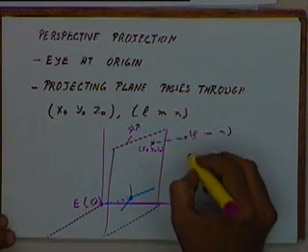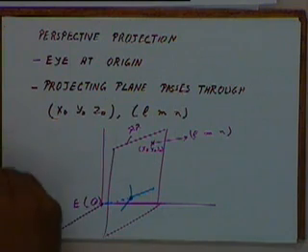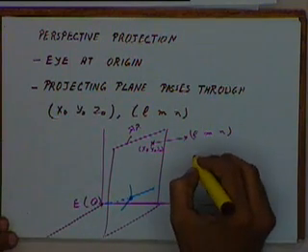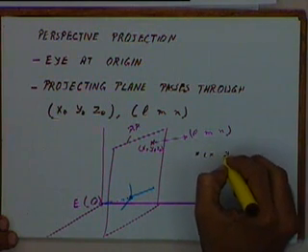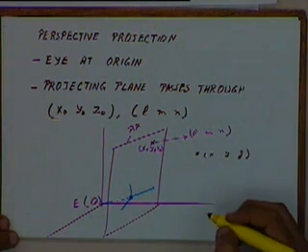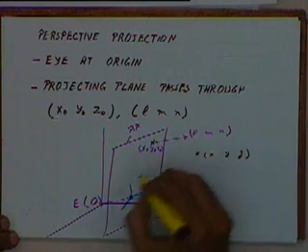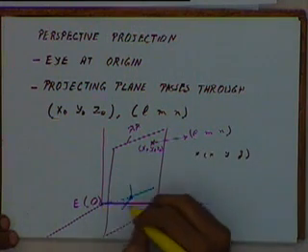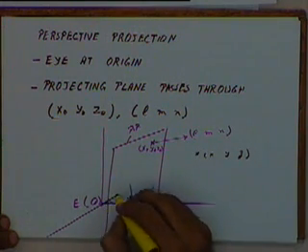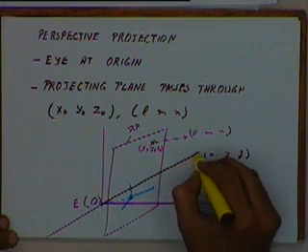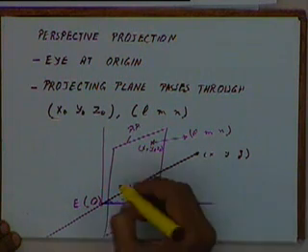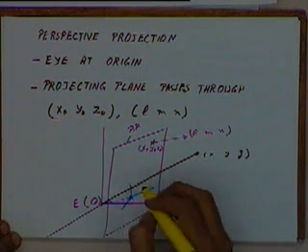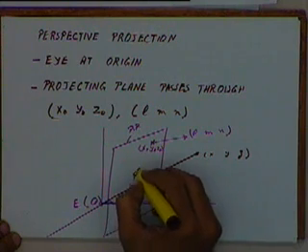If we have any arbitrary point here, that is the point x, y, z, and this point is transformed onto this plane, that will be the intersection of this line with the plane. Let's say the intersection is somewhere here, that is my point P prime.